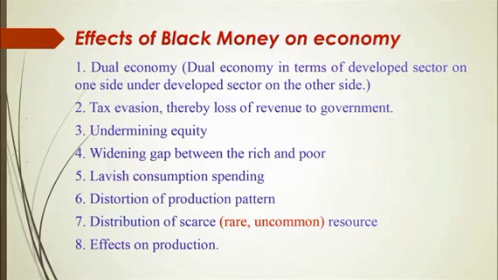The next one is distribution of scarce resource. Here, scarce means rare or uncommon resource. So, distribution of rare or uncommon resource. The next one is effects on production, which means the production process will be affected because of black money.